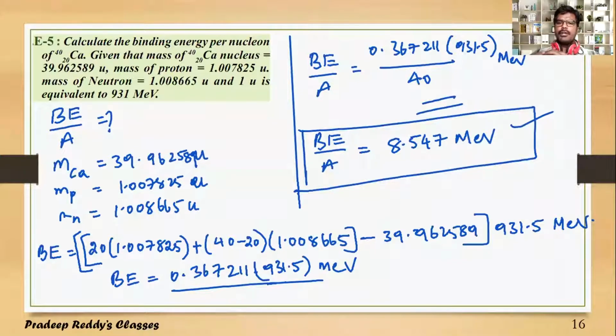It is nearly 8.547 MeV, slightly less than the maximum binding energy value for iron. For iron it is 8.9. But we have got 8.547 here because its mass number is slightly less than iron. It is 40 here, but for iron the mass number is 56. So the binding energy per nucleon will be slightly less than the maximum binding energy which is obtained for iron.